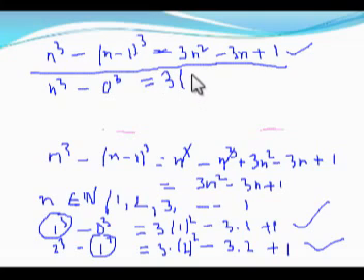On the right hand side we will get 3 into the sum of the squares of the first n natural numbers, then minus 3 times the sum of the first n natural numbers, and adding 1 up to n times gives n.